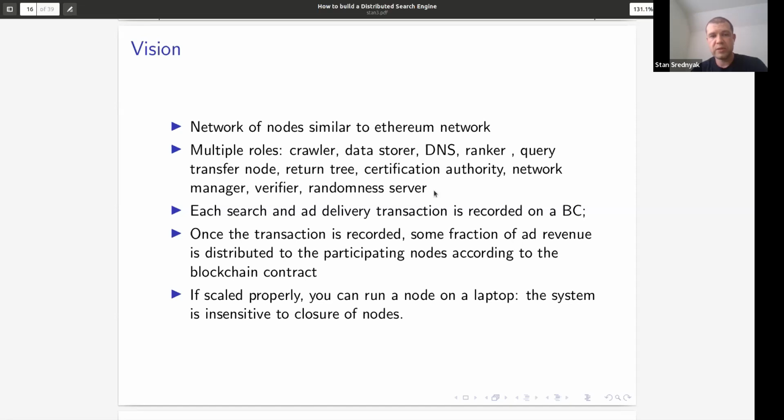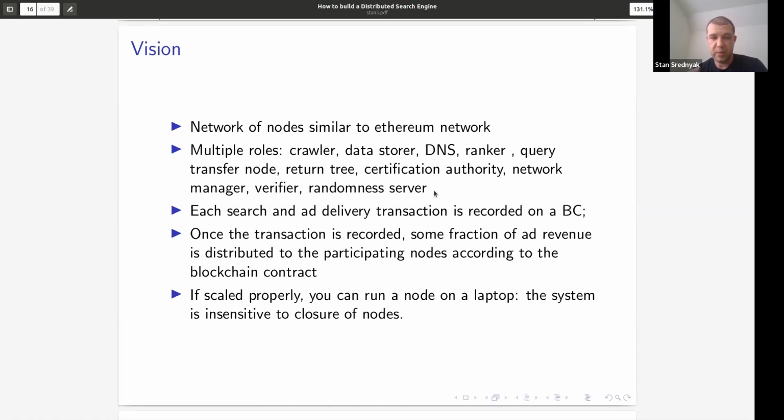In this system, each search transaction would be recorded on a blockchain, on a distributed ledger. And once the transaction is recorded, some fraction of the advertisement revenue would be distributed to the participating nodes according to the contract.